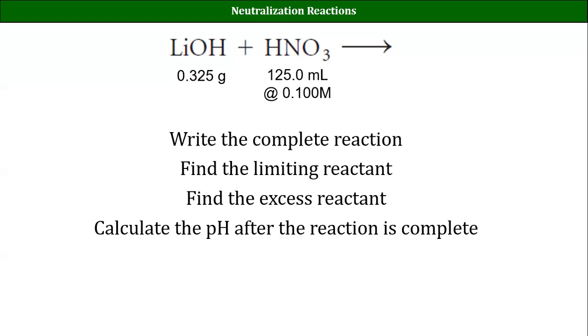Does that make it easier to find your pH for the solution here? What's your concentration of hydronium in the solution? 0.10 moles per liter. If it's a strong acid in water, and all the ones we're going to deal with so far are strong acids, whatever your concentration of nitric acid is, that's the same as your concentration of hydronium.